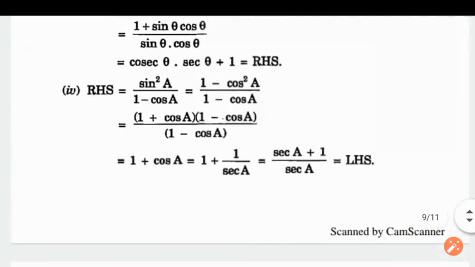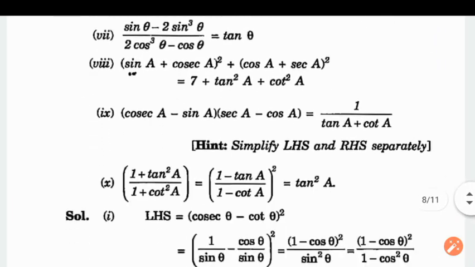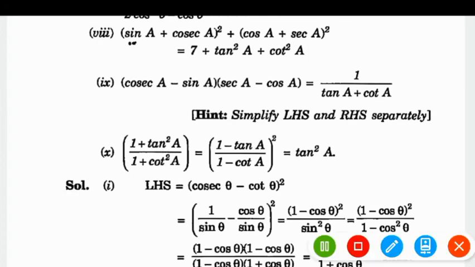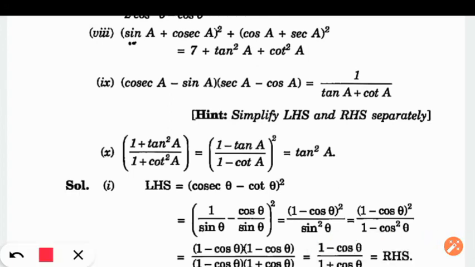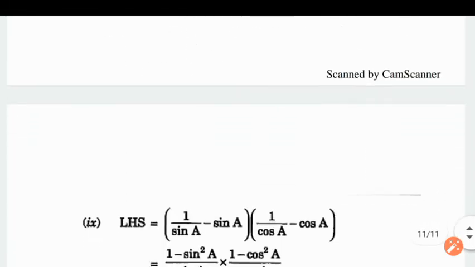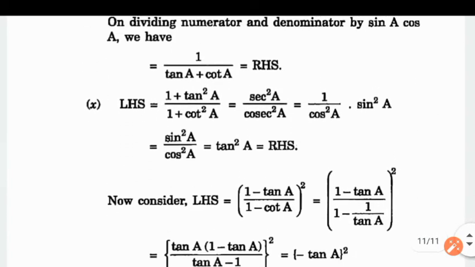Now the last one, question number 10. What do we have in question number 10? We have 1 plus tan square A by 1 plus cot square A in one bracket. First we need to prove this one is equal to this, and then this tan square A. So let's do it.